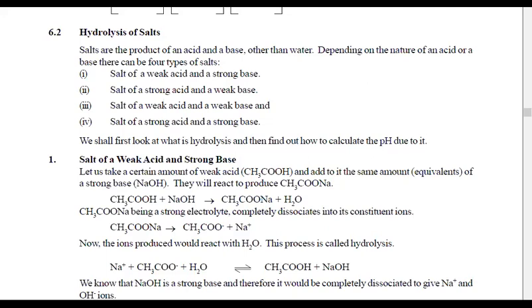If you have more of strong acid as compared to strong base, we can get acidic solution. If we have more of strong base, we'll get basic solution. If we have equal concentration, then we will get neutral solution. So we cannot say hard and fast. So when we're talking about any of these, we are considering equal, equivalent amounts. This is one of the most important factors that we will be assuming for every derivation that we make.